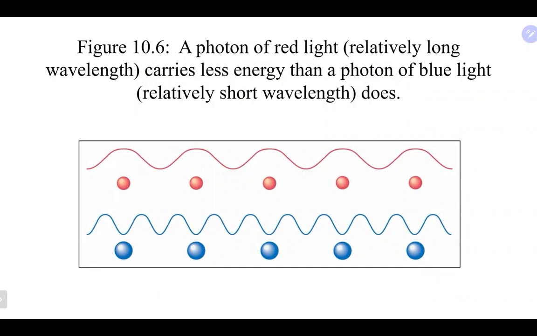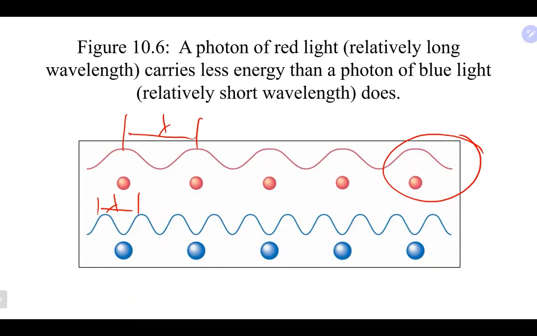Even with colors, there's a difference in energy. As you can see here, the red wavelength is a lot longer than the blue wavelength. So red has a longer wavelength than blue, and we would expect red to have lower energy than blue, as blue has a shorter wavelength and a higher frequency.